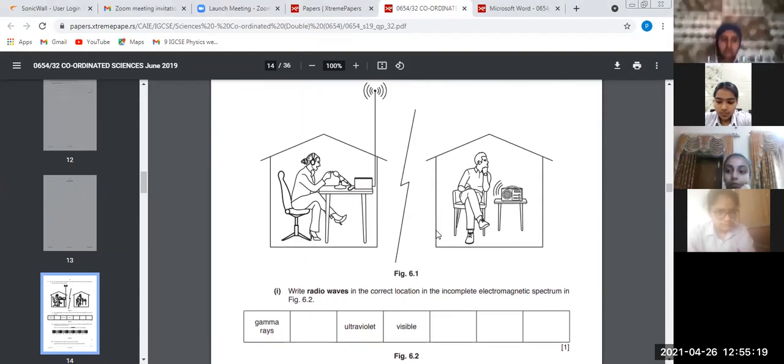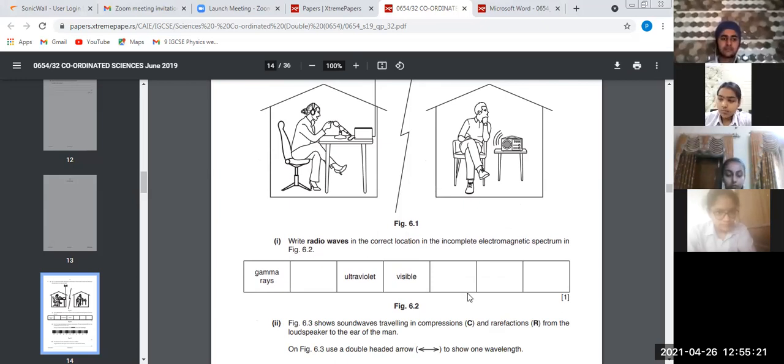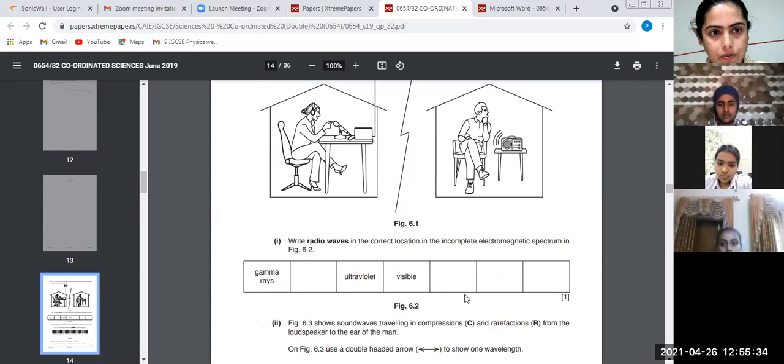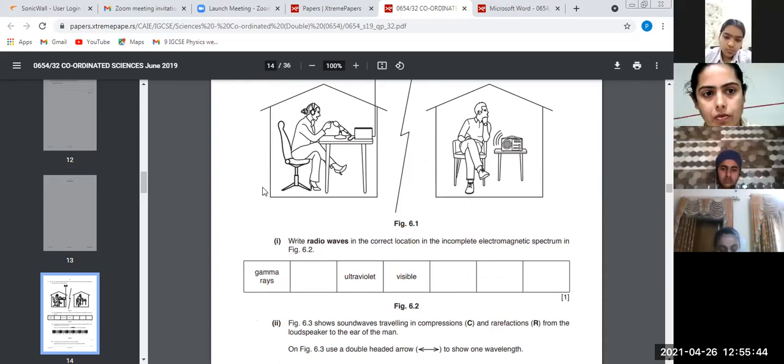The first one is to complete the table. It's not to complete the table, it's to write the radio wave at the correct place. So who is going to tell the answer for this? Which is the correct place for radio wave? Jasmine? Ma'am, second last column.